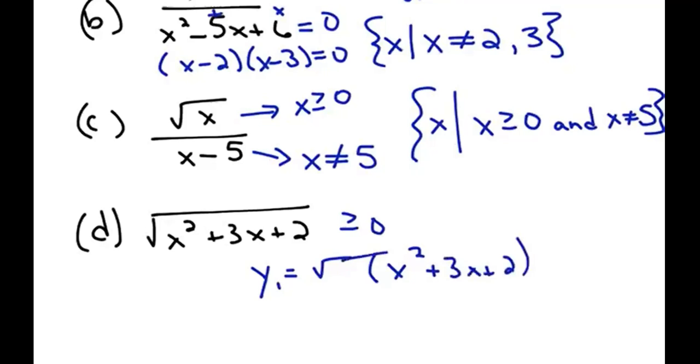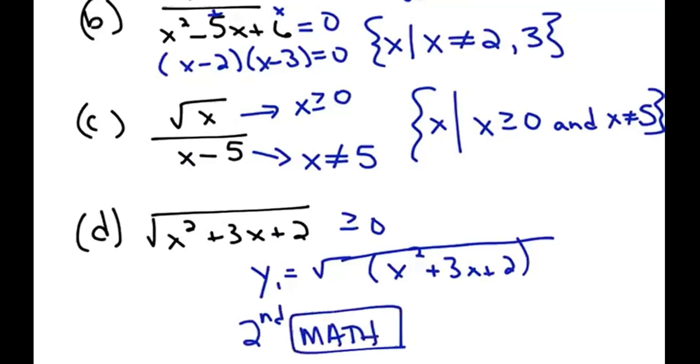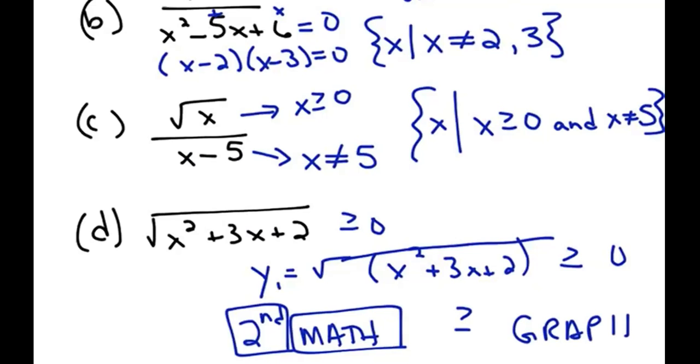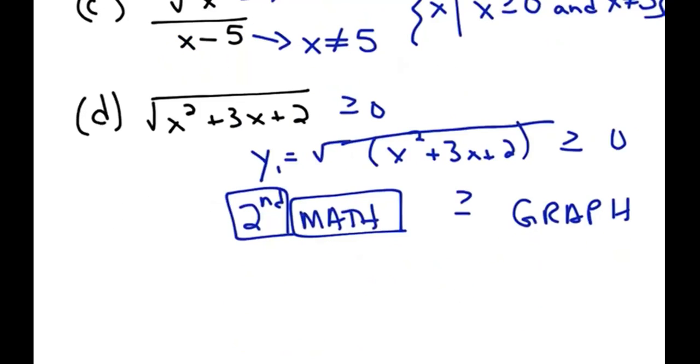So you can type in the whole expression, x squared plus 2x plus 2, under the radical. It depends on which model you have, but you could push the second button or shift key, and then there's a math button on your graphing calculator that you could push. From there, you could also push the inequality that should pop up on your screen, choose greater than or equal to, and then push the graph button, okay?